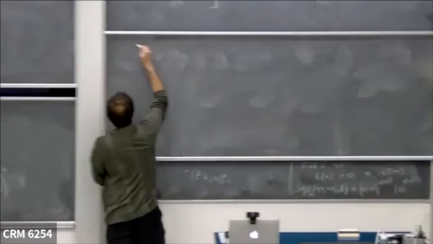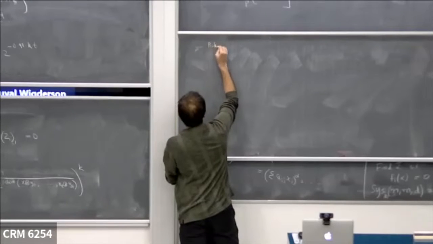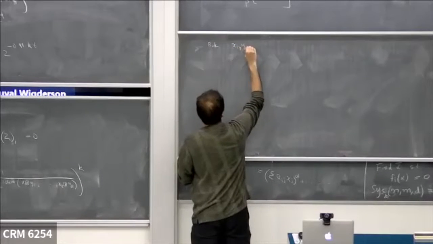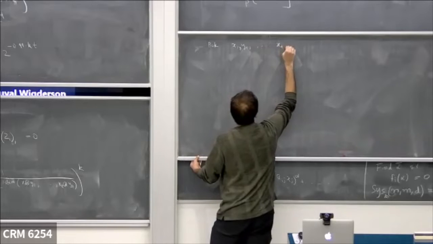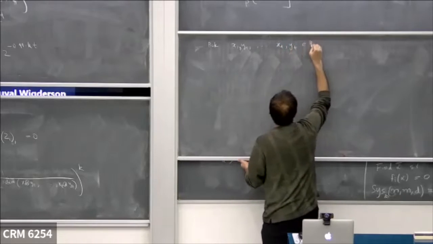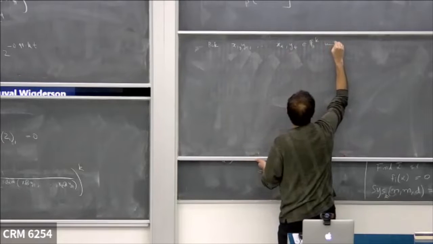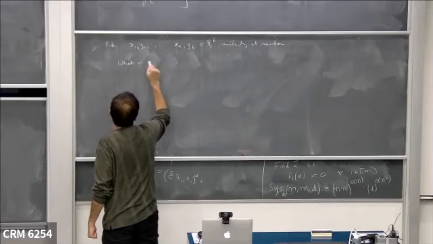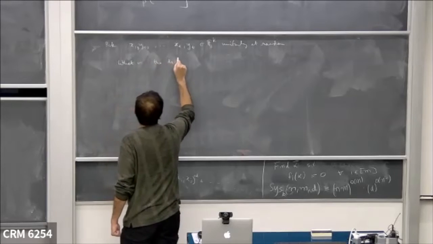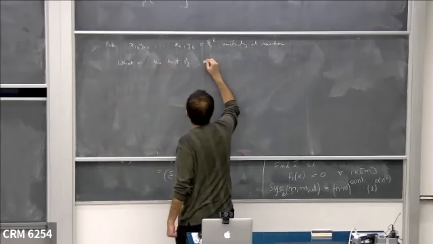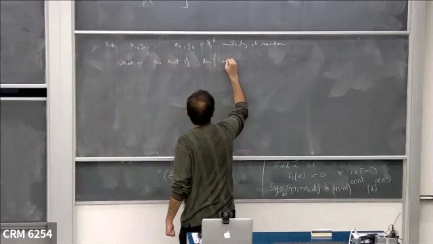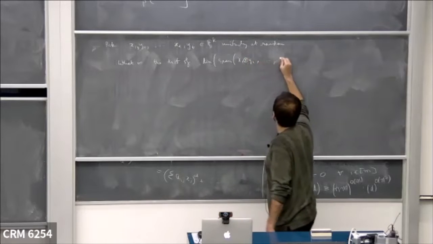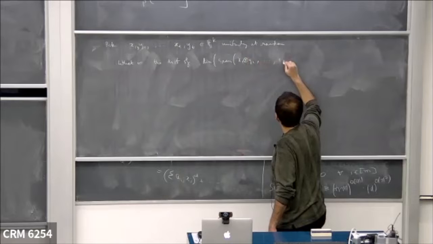So I'm writing the setting again: x1, y1 up to xt, yt in F2 to the k, uniformly at random. What is the distribution of the dimension of the span of x1 tensor y1 up to xt tensor yt?